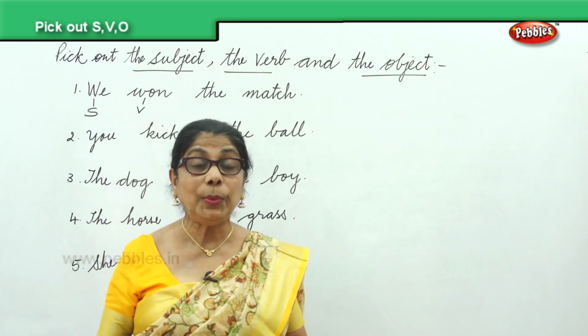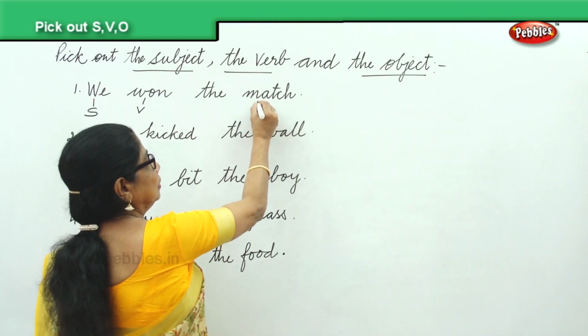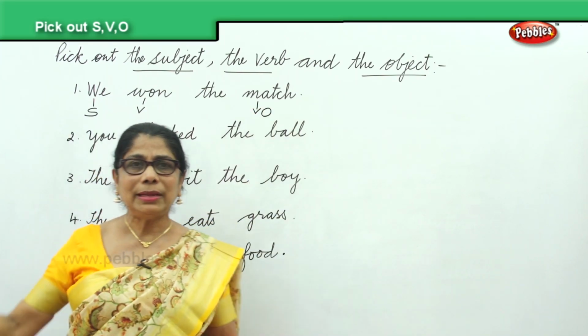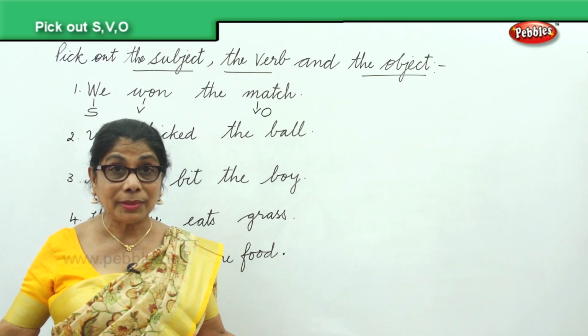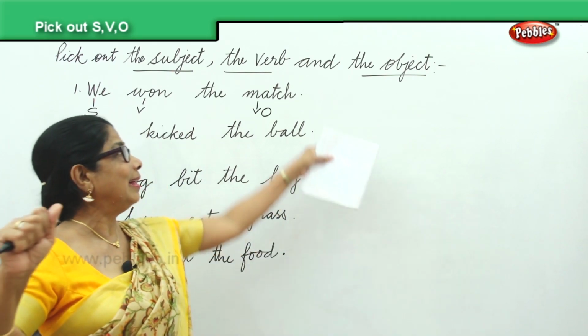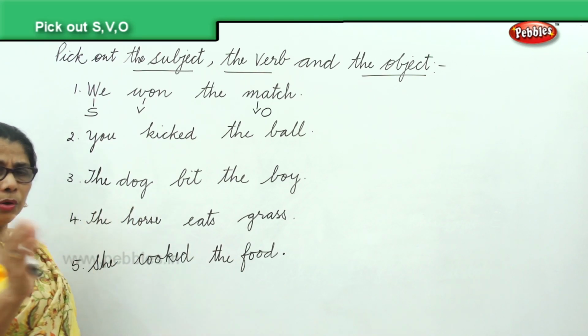What did we win? We won the match. Match is the object. So this is the object. So we found the subject. We all played the match. Verb, won. We won it. Object, the match.